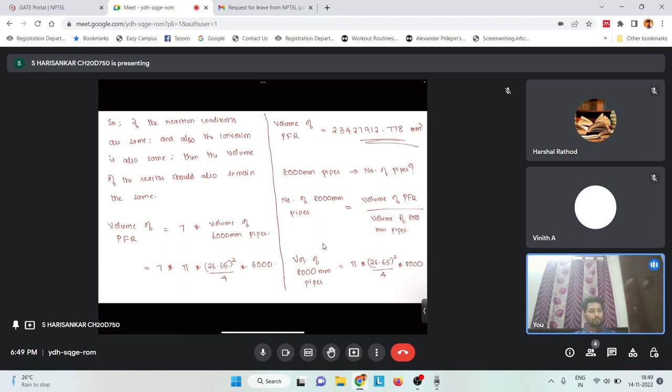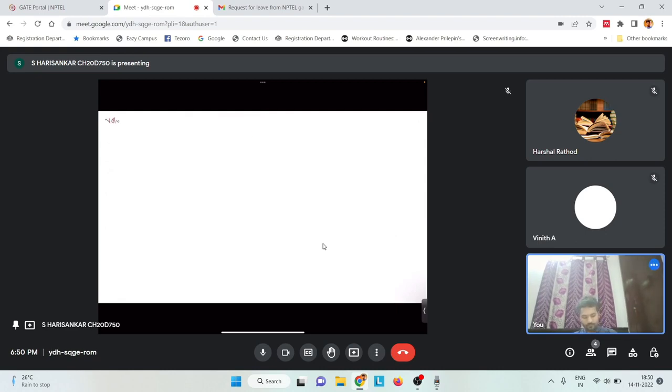So if we do the math, we'll get volume of 8000 pipes to be 4462,459.577 millimeter cube.